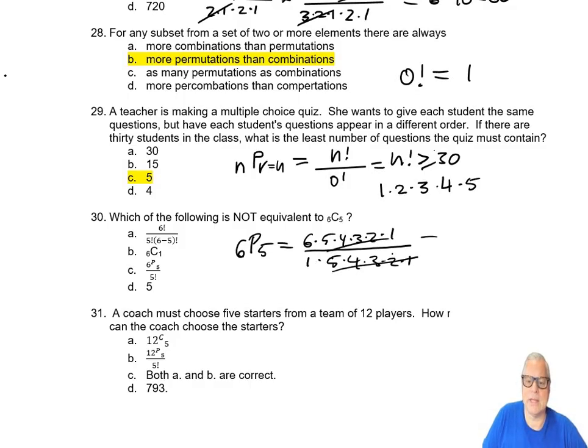So again, we get 6. So the correct answer is D, because the answer should be 6.